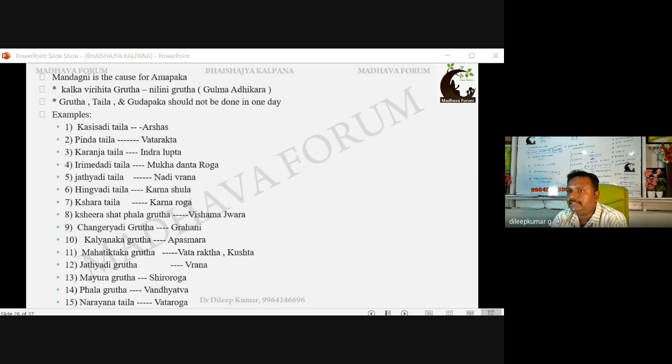Don't advise 15 ml or 20 ml, irritation will start and the patient will be confused. Just 5 ml of Ardhaka Swarasa. Ardhaka Asava is available in the market, so we can advise it in minimum dose. It will be good to improve the motility in case of Kapha, right?